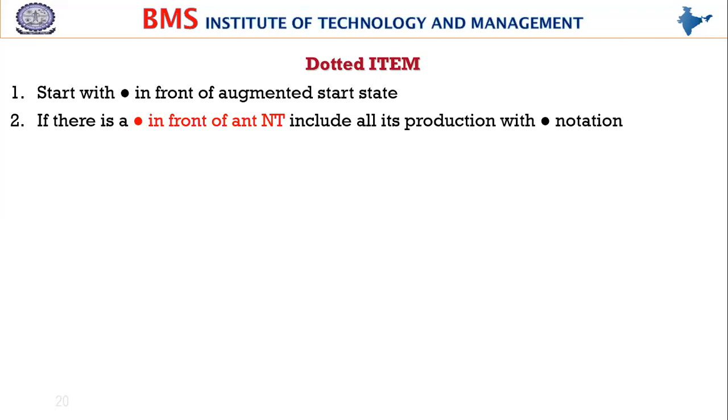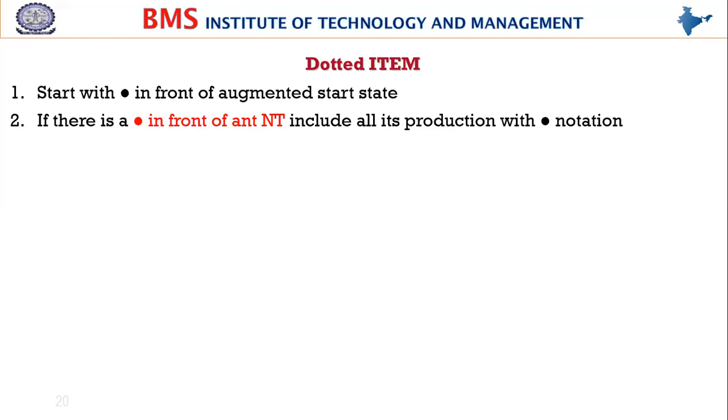If there is a dot in front of a non-terminal, then all productions of that non-terminal should be included with the dot notation in the same state. If it is in front of a terminal, nothing to worry. We consume the symbol and move to the next state.